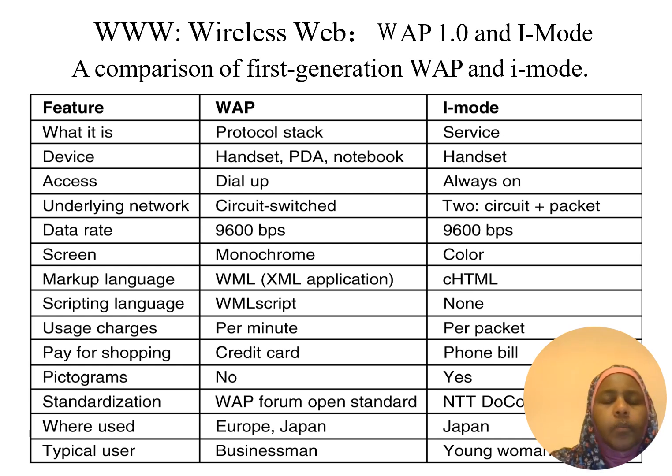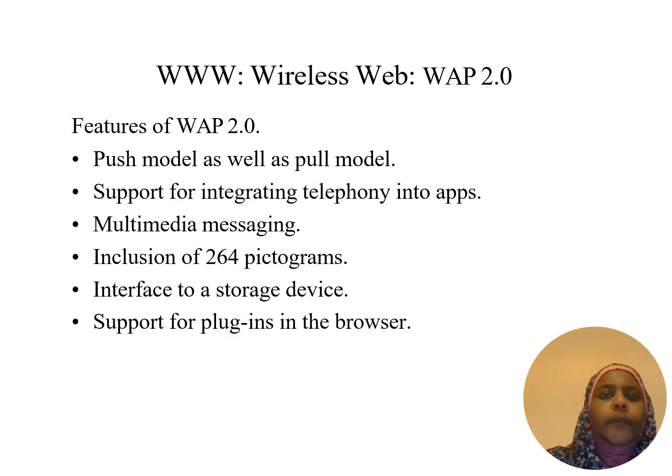Now things are completely different, and the TCP/IP protocol suite is supported by the mobile devices. WAP 2, on the other hand, has push model as well as pull model, not as WAP 1. It supports integrating telephony into apps. It supports multimedia messages.